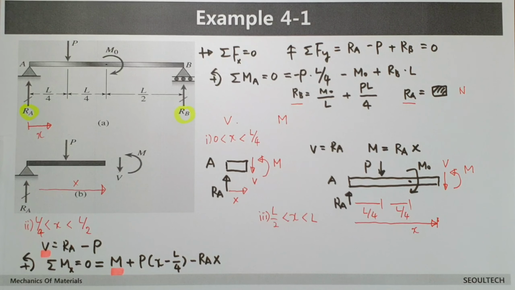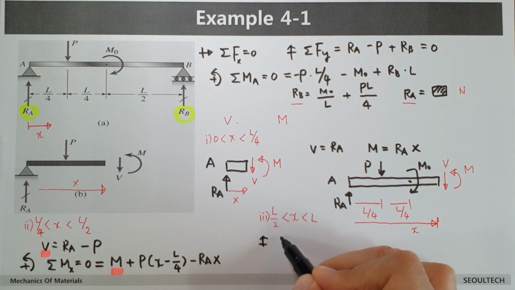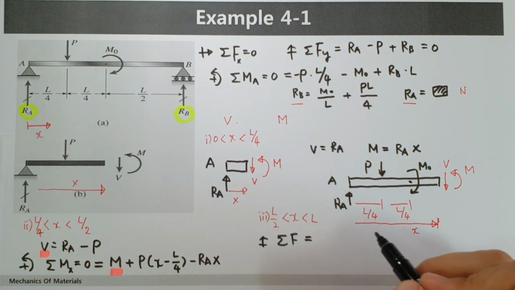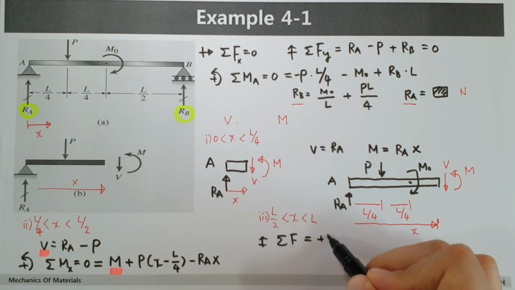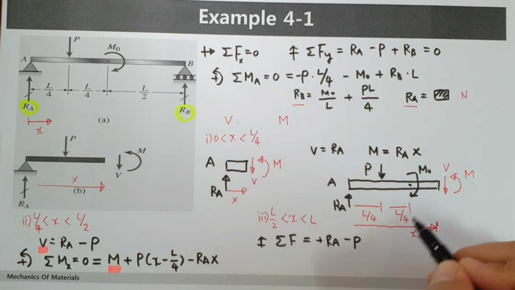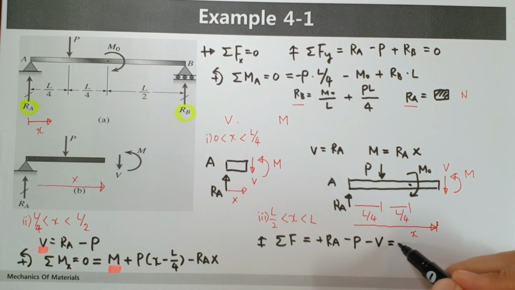Then we can calculate the V value. Sigma F in this direction is positive, then RA plus RA and minus P, and here downward direction minus V equals what? 0.